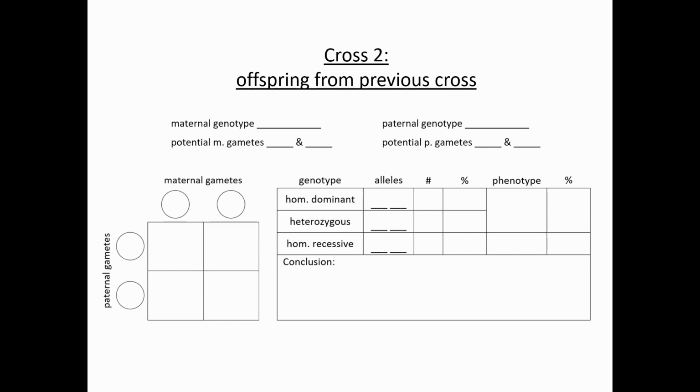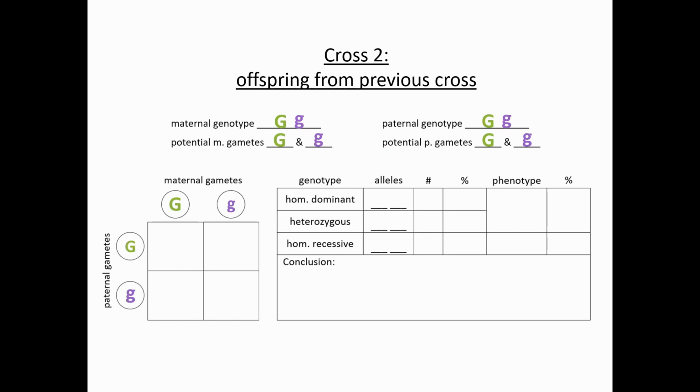But let's do a second cross, and we're going to take the offspring from the first cross and cross them together, which means we're crossing a heterozygote with another heterozygote. Both of these individuals have the potential of creating a capital G allele in the gametes or a lowercase g allele in the gametes.